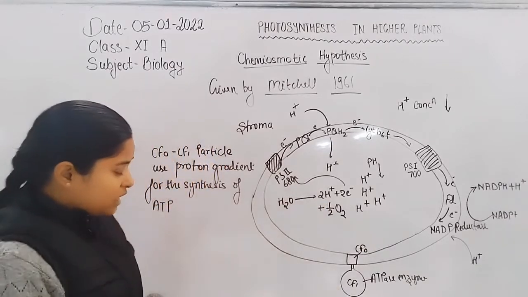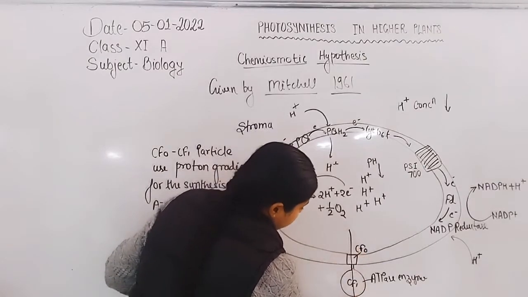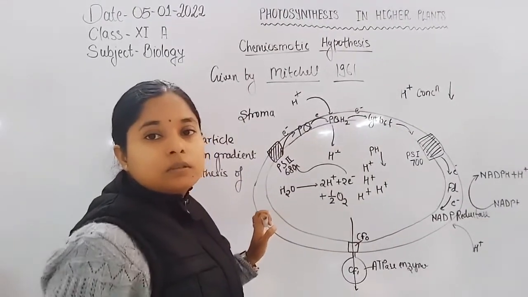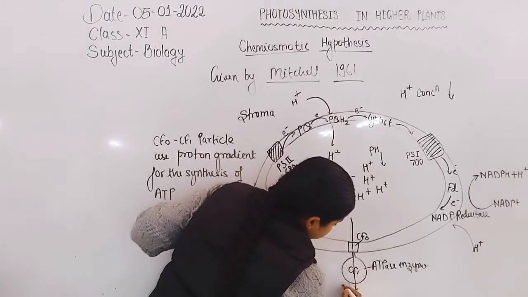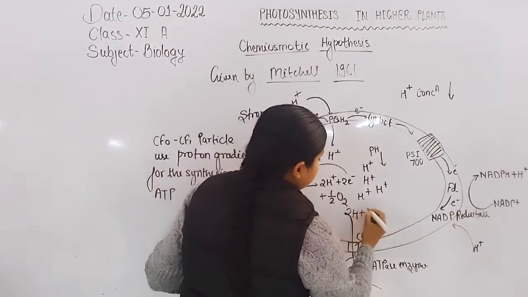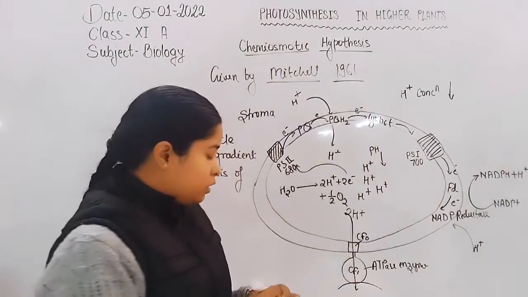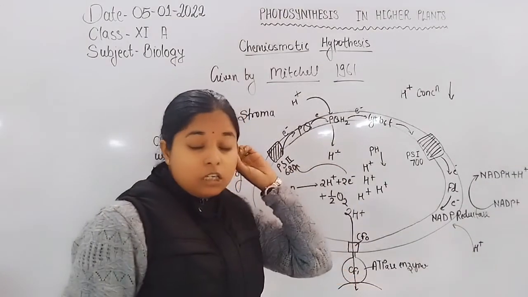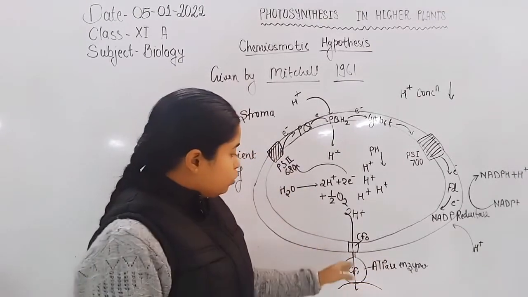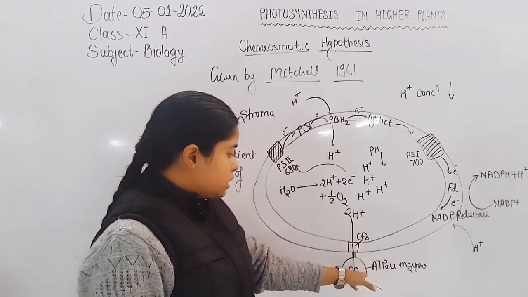Now here the proton gradient works through the proton pump. The CFOF1 particle functions in the transfer of protons. When two protons enter the CFOF1 particle, the CF0 particle functions as a channel through which the protons get transferred into the CF1 particle.